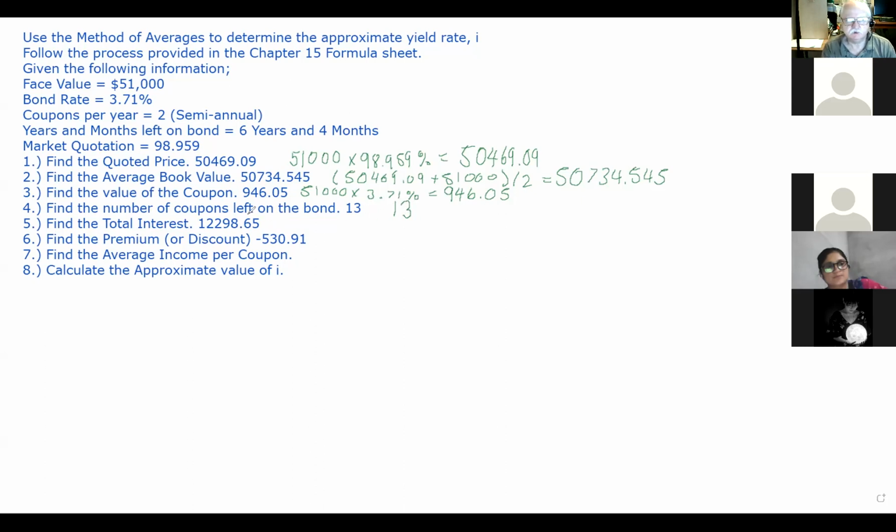Seems a little weird to me, but the total interest is the coupon, which we've just generated, times the number of coupons. So 946.05 times 13.